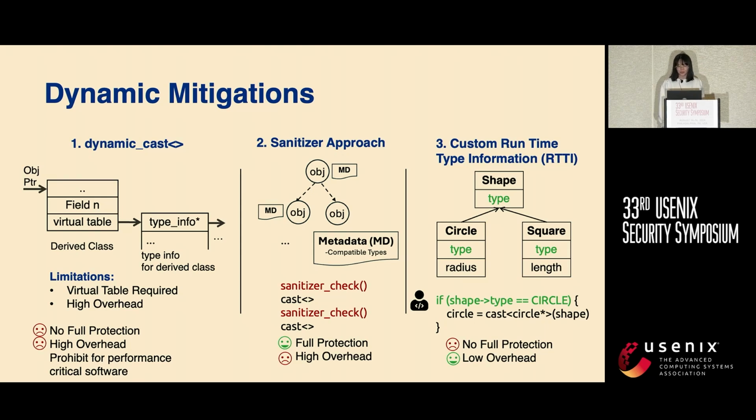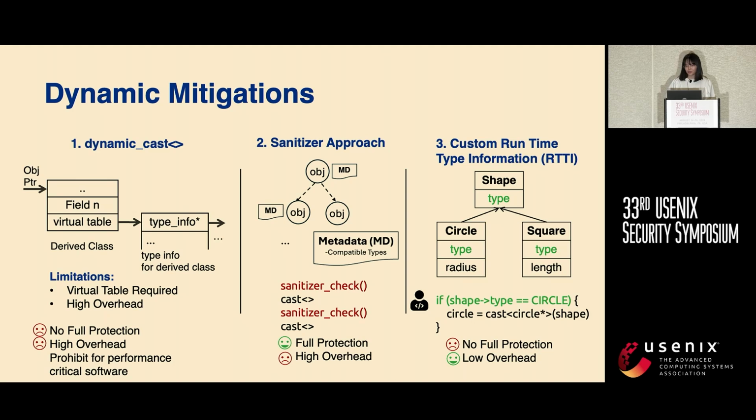So along with the program execution, before the cast happens, the sanitizer check will look for the concrete object and then extract the compatible types to perform the type check. By using this approach, we can get full protection from type confusion for the program. However, it also introduces high overhead because of these frequently called sanitizer checks.